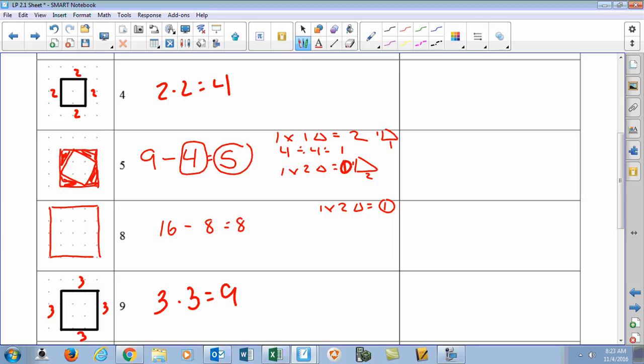Well, if a 1 by 2 has an area of 1, then 2 by 2, because half of 2 is 1, times 2 is 2.